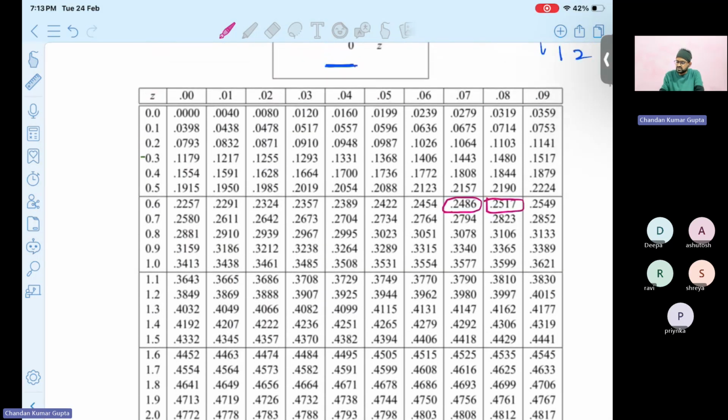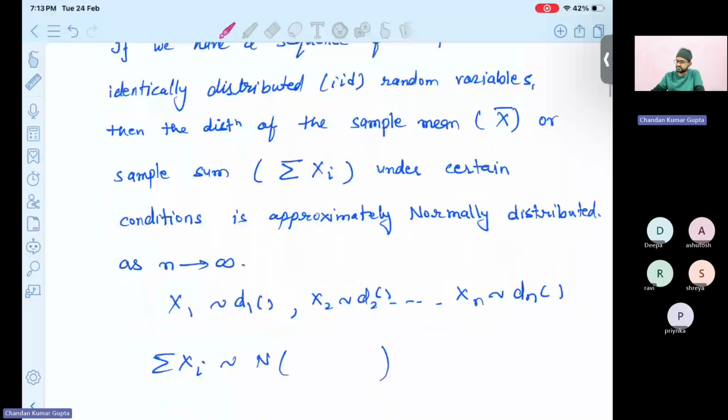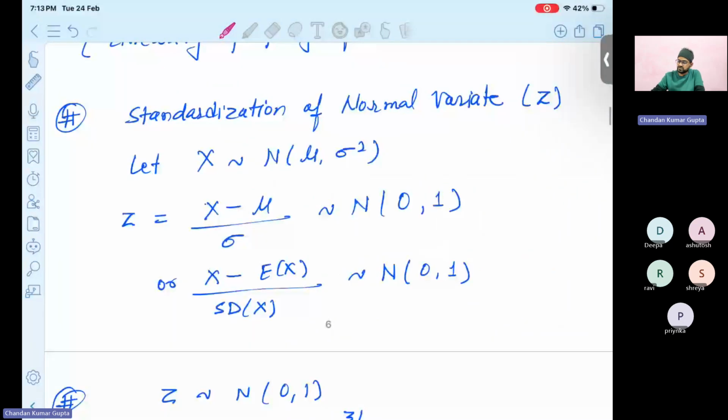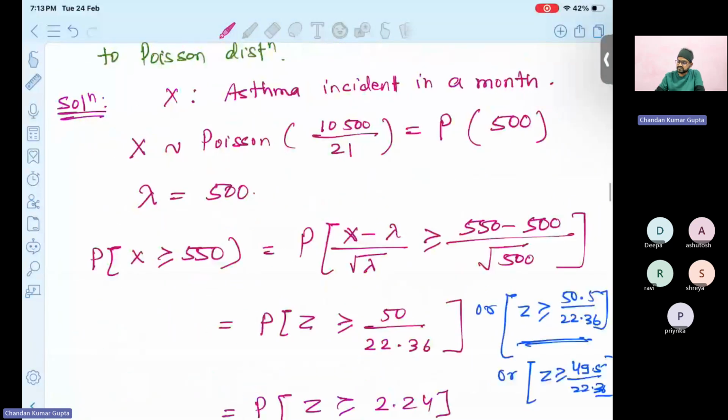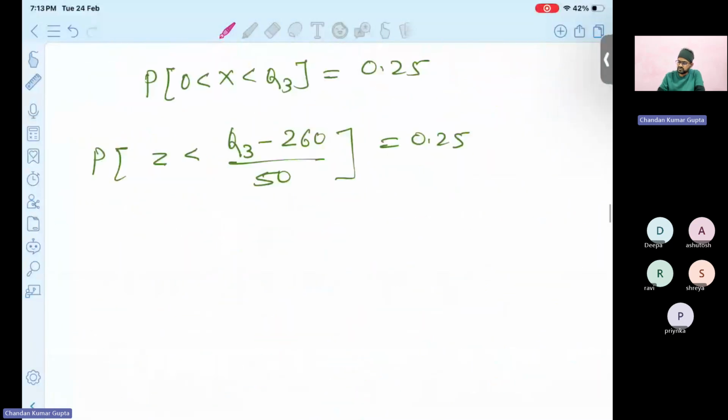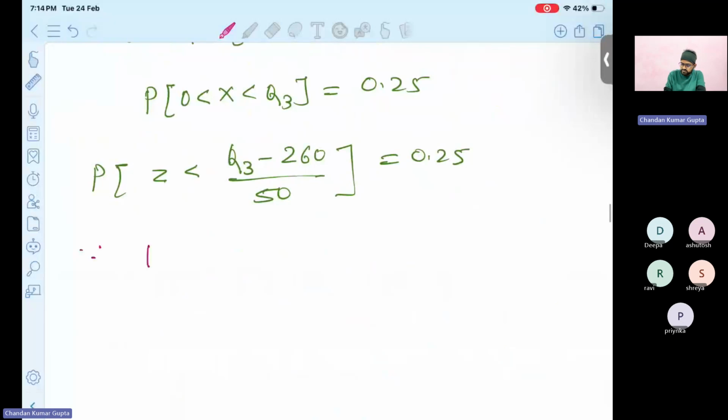This is 0.6 and 0.07 or 0.08, whichever you want to take. For example, the probability that Z is less than 0.68 comes out to be about 0.25.